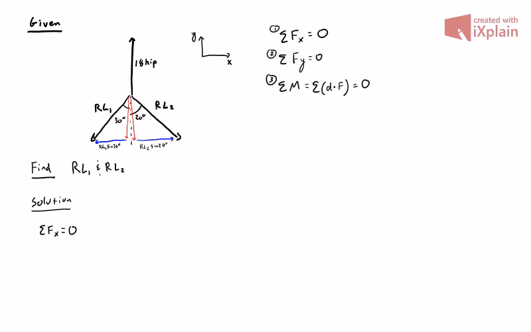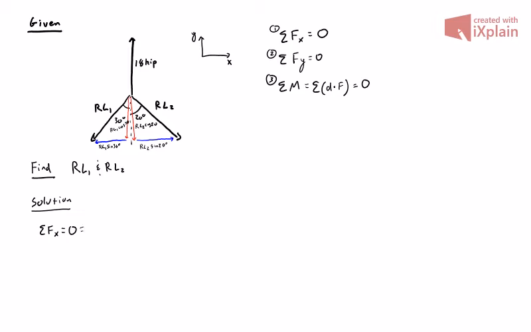And then if you want the adjacent sides to those angles, again, trigonometry, RL2 cosine of 20 and RL1 cosine of 30. I'm not going to go into this much detail on breaking up into components on every problem, just for now since it's the first one. That's the process we're going to be using whenever we have to break up vectors.